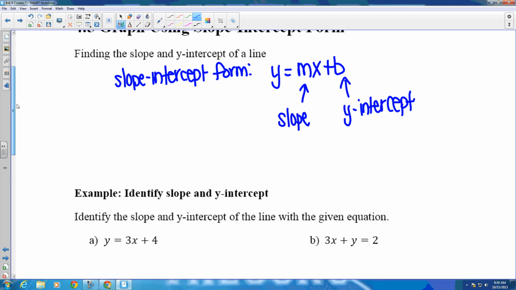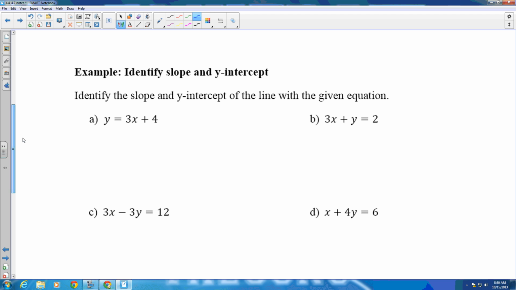Okay, so from some functions that are already in slope-intercept form, or we need to get them in slope-intercept form, and then identify what the slope and the y-intercept of the line are. So in part A, our slope is 3 and our y-intercept is (0, 4). I would prefer you writing it like that instead of just 4 because the y-intercept is a point on the y-axis.